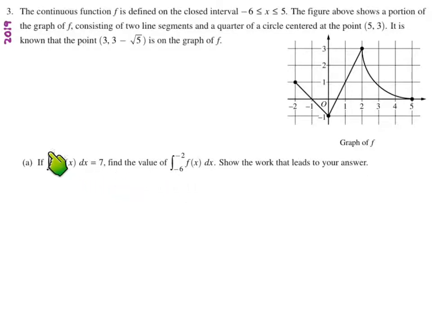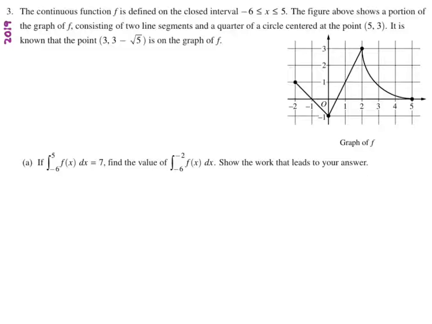I know the integral from -6 to 5 because it tells me, but I can't see anything going on from -6 to -2. What I can see is the information from -2 to 5. So because I'm looking for the integral from -6 to -2, and I know the entire integral from -6 to 5, then if I know the integral from -2 to 5, I can figure out that missing piece.